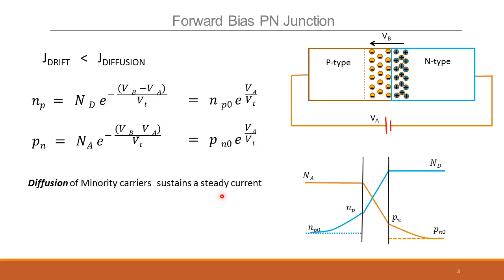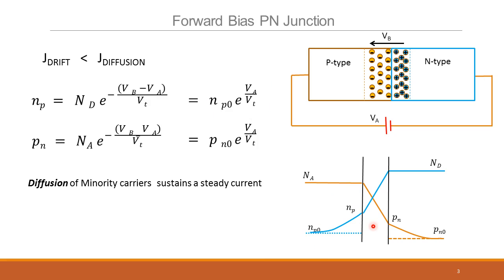Diffusion of minority carriers sustains a steady current. So what happens here? Just take a look at this junction, this position here. You have a carrier distribution, and there's no field here. Very little field is here, so there will be a diffusion current set up here. You have a minority carrier concentration that depends exponentially on the applied voltage VA, but far away it is going to be the same as NPO.